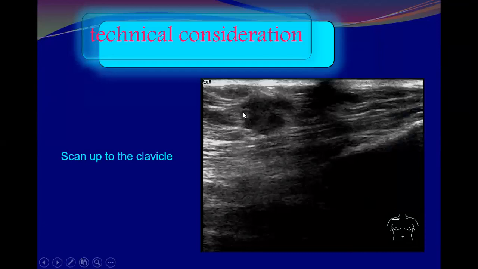Look, these are my patients. This is invasive cancer. Look at the cursor here, just below the clavicle. And here, these are the muscles, you cannot see even obvious breast tissue. So you have to scan up to the clavicle.